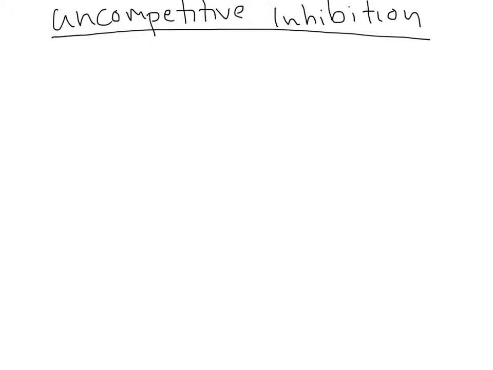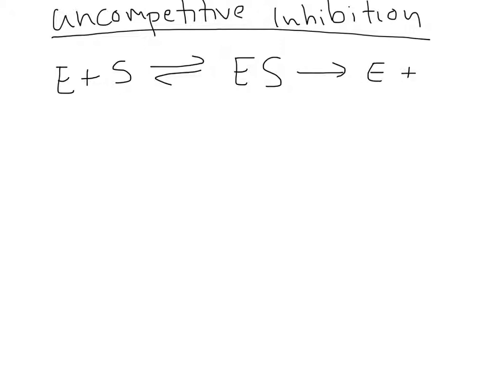The last form of inhibition that we'll look at is uncompetitive inhibition. In this reaction scheme, you get the formation of the productive Michaelis complex, which can react to form the dissociated enzyme and product.